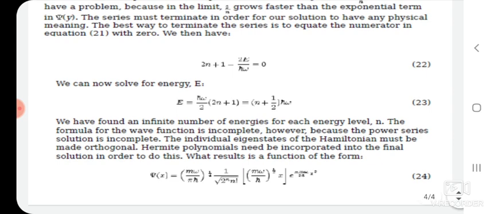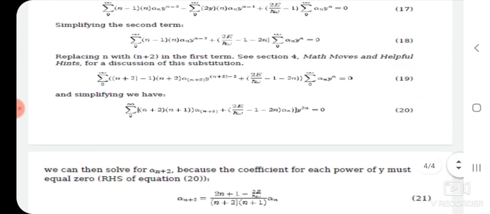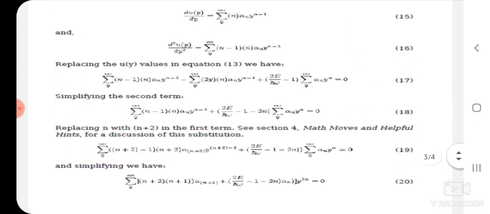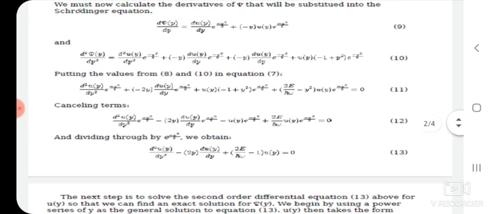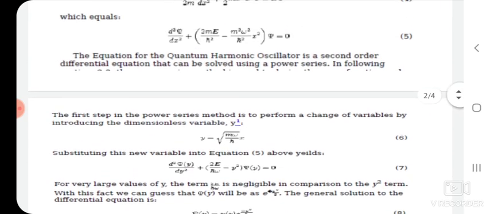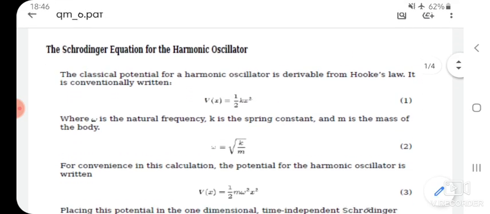Okay, in this way we can solve the Schrodinger equation for the harmonic oscillator step by step, a simple method. If you have any doubt in this derivation, you can ask me.